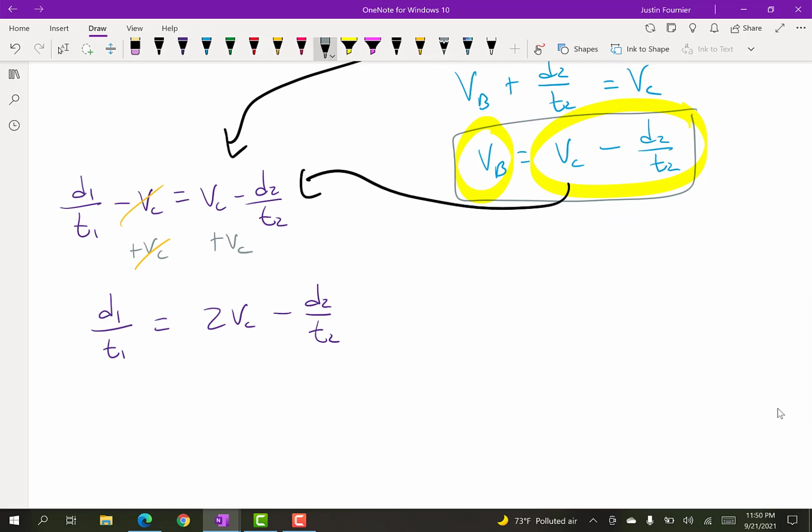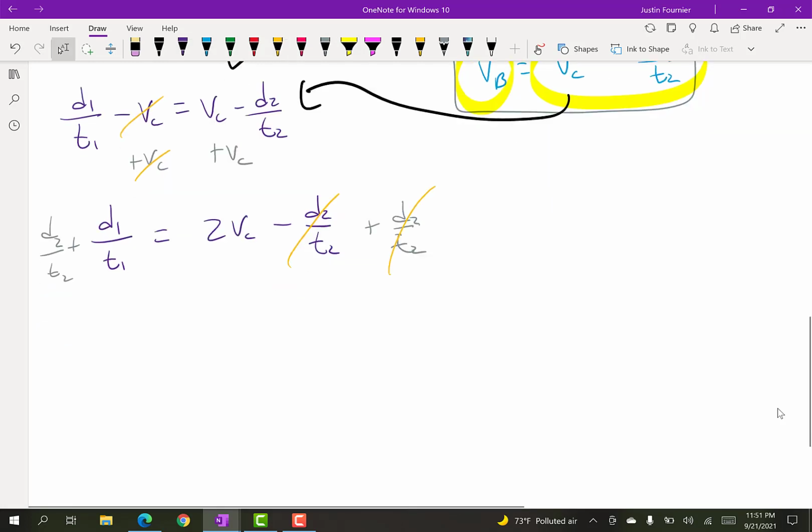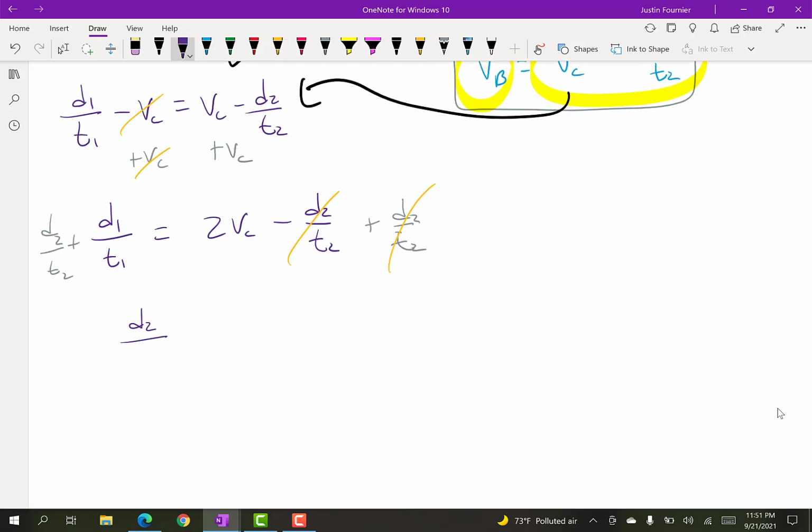So then next I'm going to add D2 over T2 to both sides. So that cancels with that, and then I get D2 over T2 plus D1 over T1 is equal to 2VC.